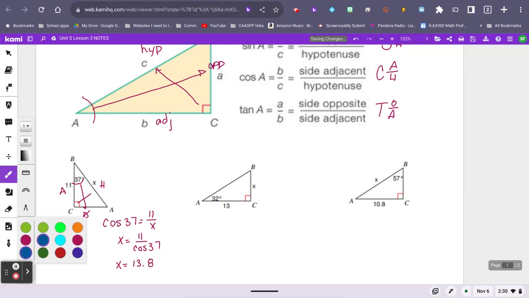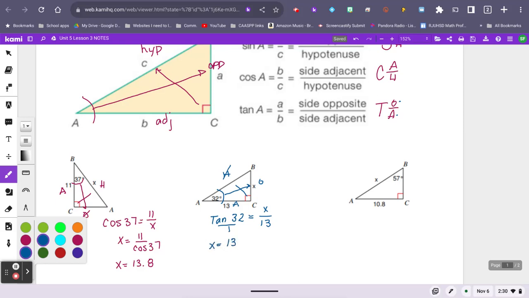Then if we go to the next one, opposite, hypotenuse, adjacent. This time we have no h, so it has to be tangent. So we're going to go tan 32 equals your opposite over your adjacent. So x over 13. So when x is on top, we're going to cross multiply. So 1 times x is x.